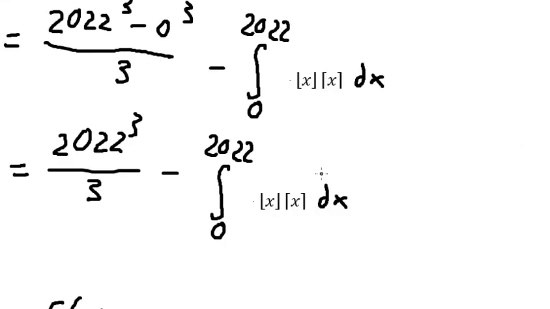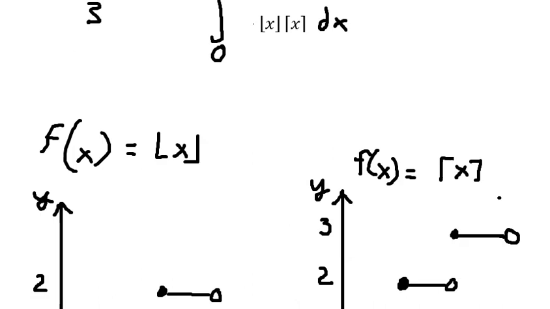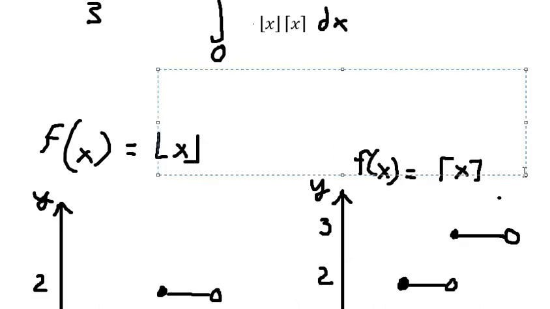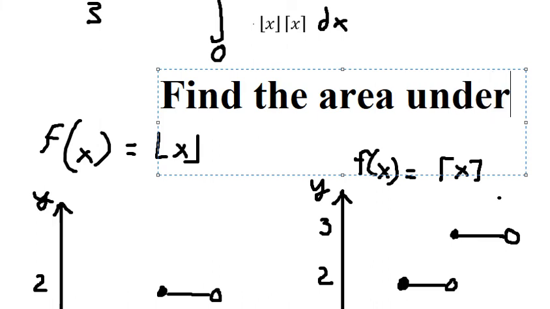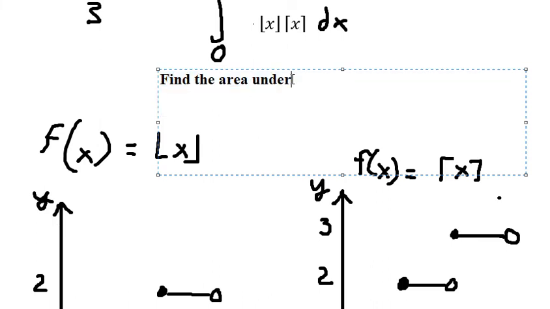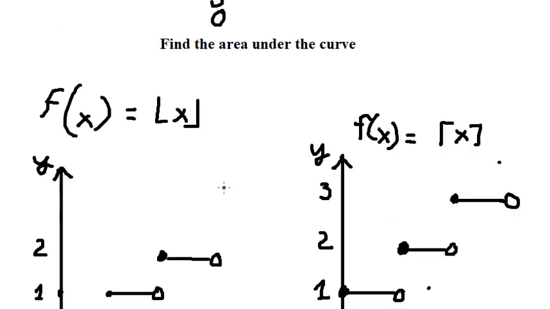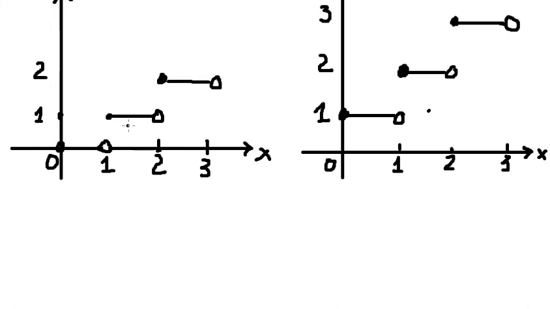So we know that the purpose of this integration is to find the area under the curve. If we do this integration, that means this area in here multiplied by this area in here based on the interval.